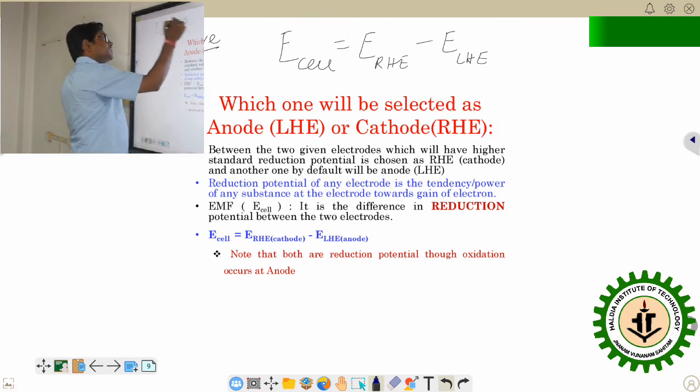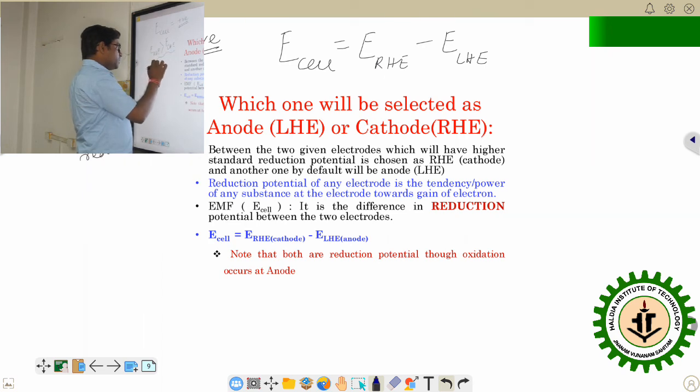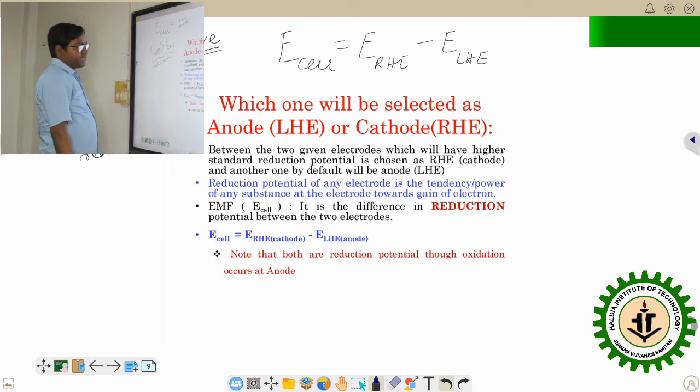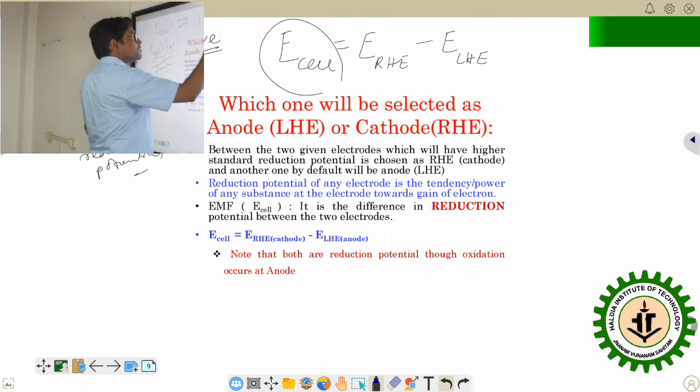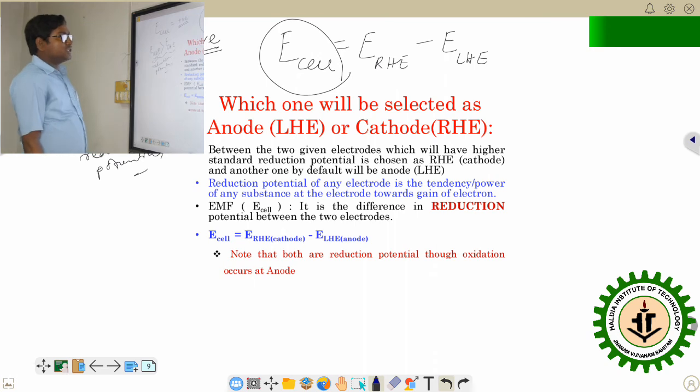Since it is positive, mathematically the right hand electrode potential should be greater than the left hand electrode potential when considering reduction potential. In the beginning we said that between the two electrodes, the one having the higher reduction potential will be taken as the right hand. In that case only E cell will be positive. If E cell is positive, then only we can get some current from that cell, otherwise not.